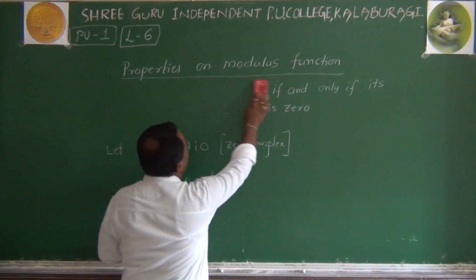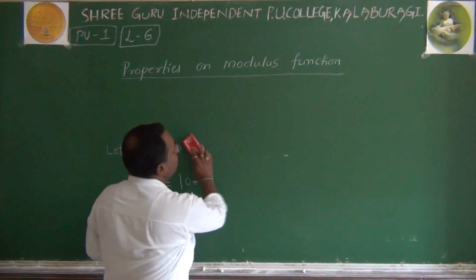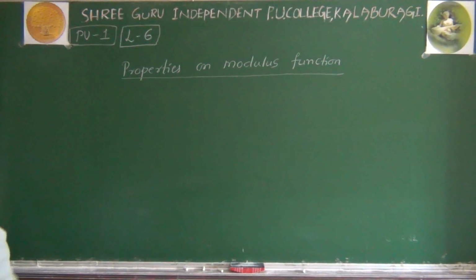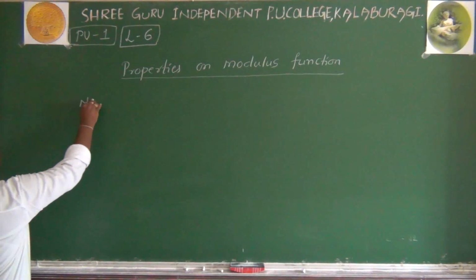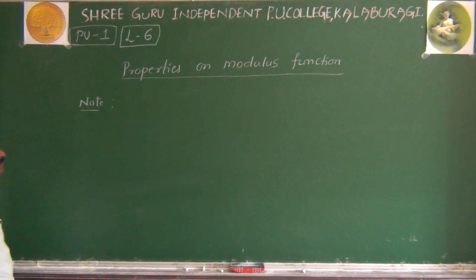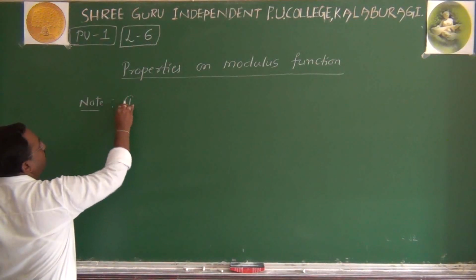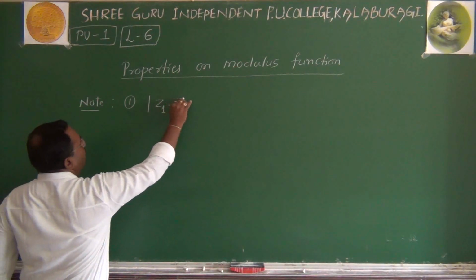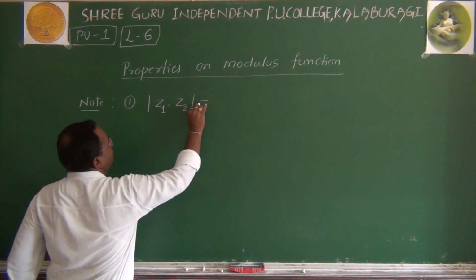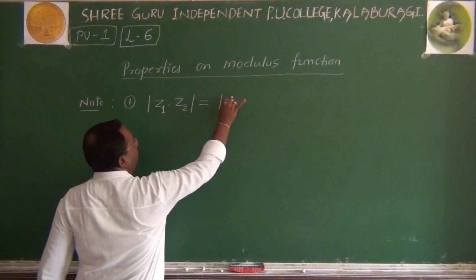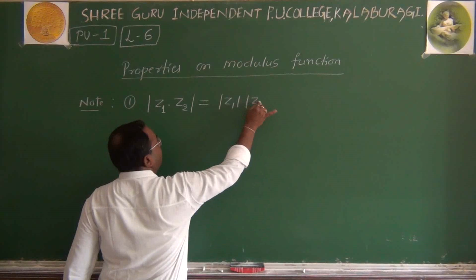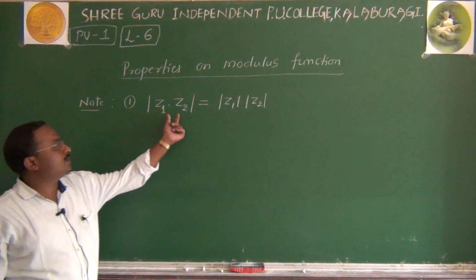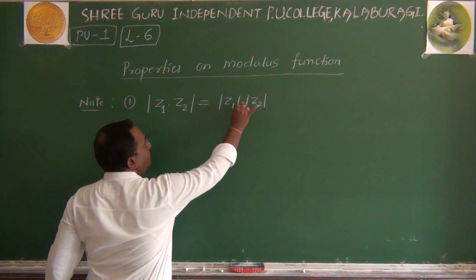Next, note the first point: the modulus of z1 into z2 is always equal to modulus of z1 into modulus of z2.